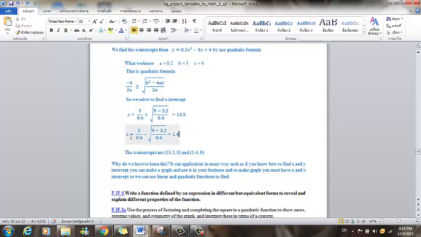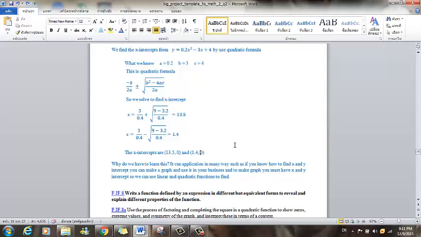So x equal to 3 over 0.4, and because you see this one is plus and minus, you have to make one plus and the other one minus. It's gonna be the same, but one is plus and one is minus, and you're gonna get the answers. The x-intercepts are 1.5 and 1.4.